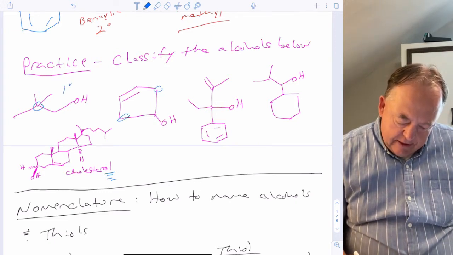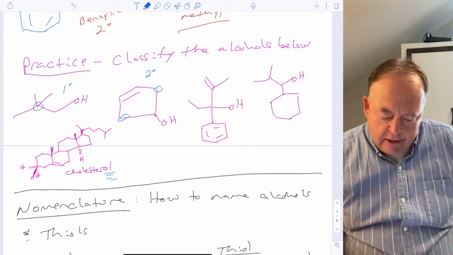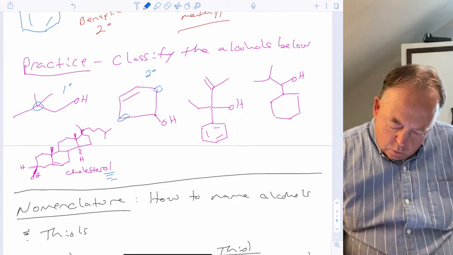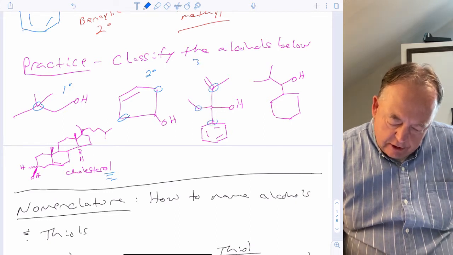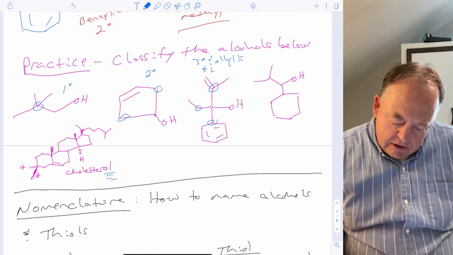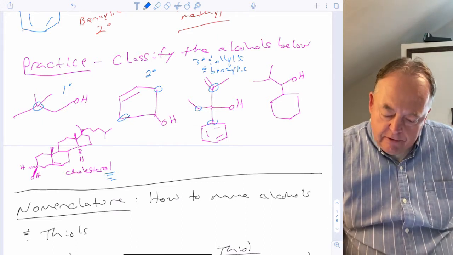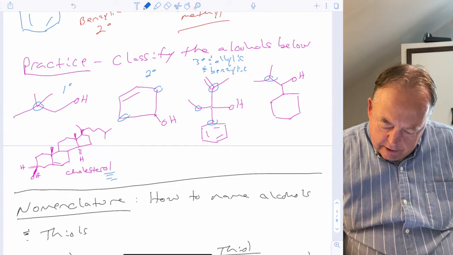This alcohol is secondary, not allylic because it's too far away. This one has 3 carbons attached to it, so it's tertiary, and it's allylic, and it's benzylic, right? Since it's both next to a carbon-carbon double bond and a benzene ring. This one would be secondary.